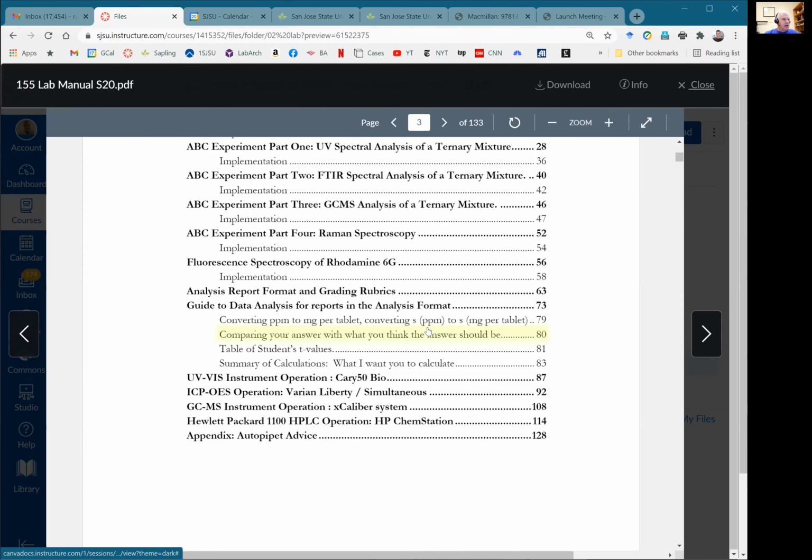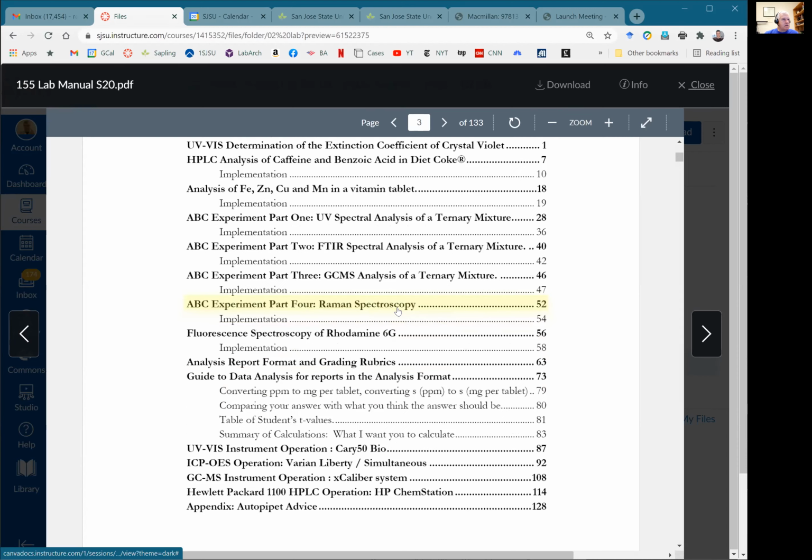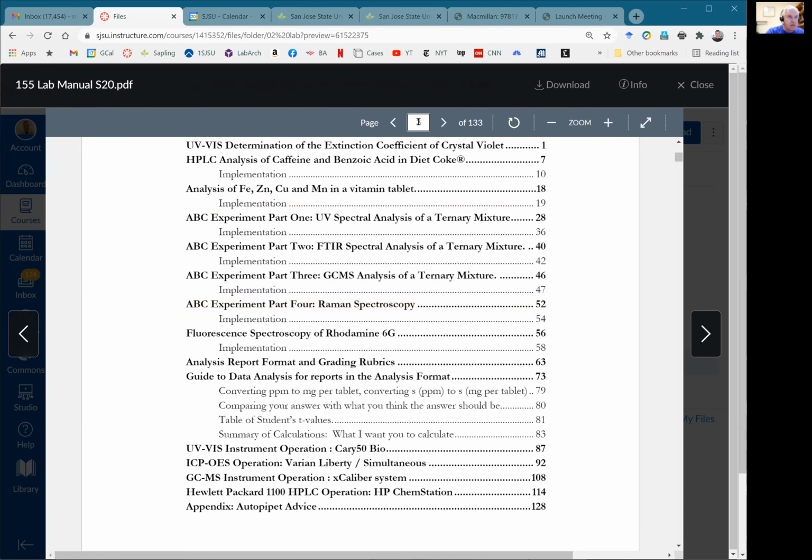So let's see here. Then the Raman lab, page 52. Control click, maybe.